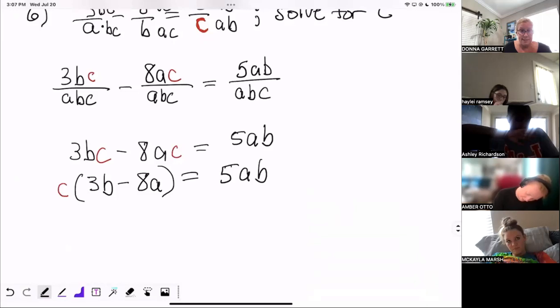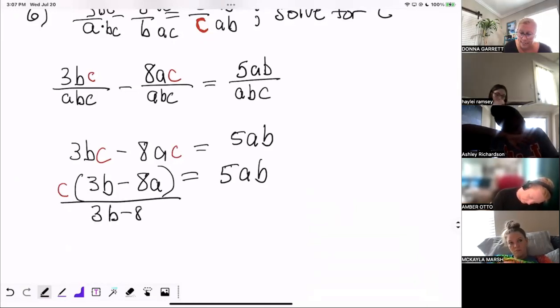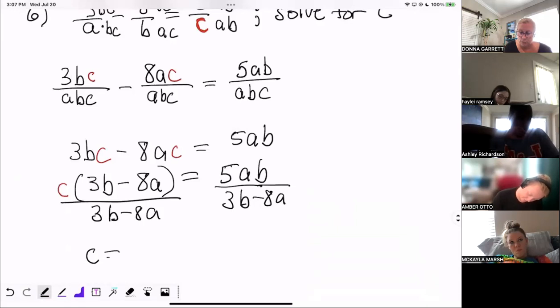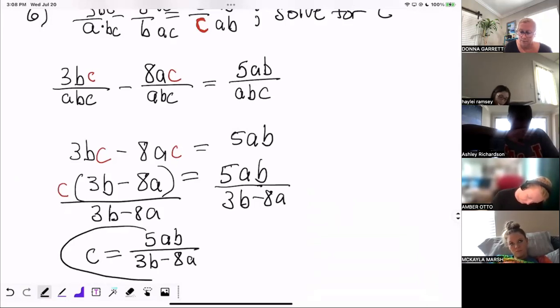That means C is isolated. I can divide by 3B minus 8A on both sides, and I'll have my answer. So C is equal to 5AB over 3B minus 8A. And that's my solution.